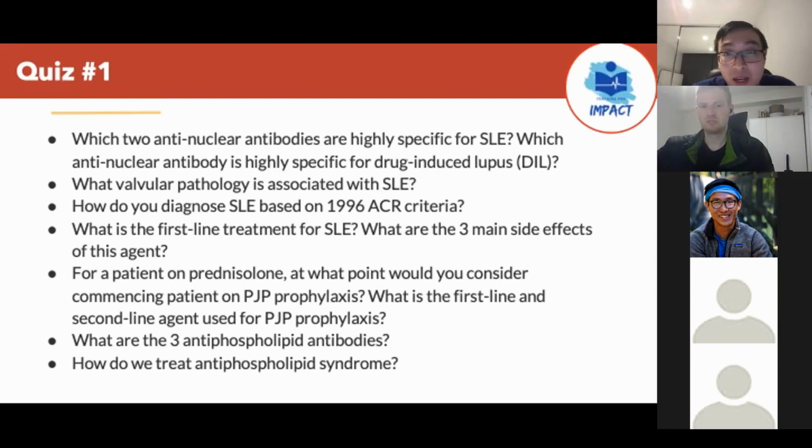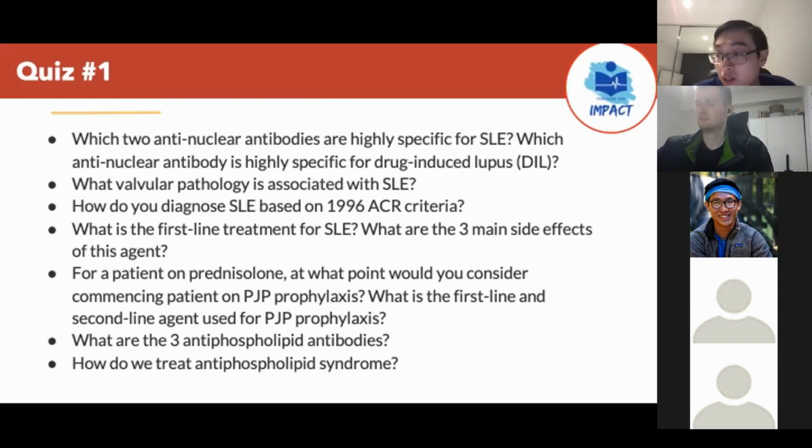How do you diagnose SLE based on ACR criteria? This probably requires a bit of writing, but 4 dermatological, 4 visceral, and 3 laboratory criteria. And you need at least 4 of the 11 to diagnose SLE.